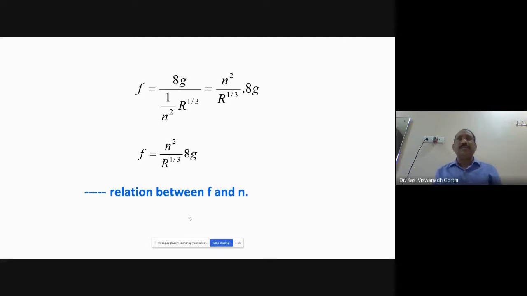So we have been using three formulas as of now. Chezy's formula, V is equal to C into square root of Rs. Manning's formula, V is equal to 1 by n R to the power 2/3 S to the power half. And the Darcy-Weisbach friction factor formula, V is equal to square root of 8g by f, square root of R. And we established the relation for all three coefficients: friction factor f, Chezy's coefficient C, and Manning's coefficient n.